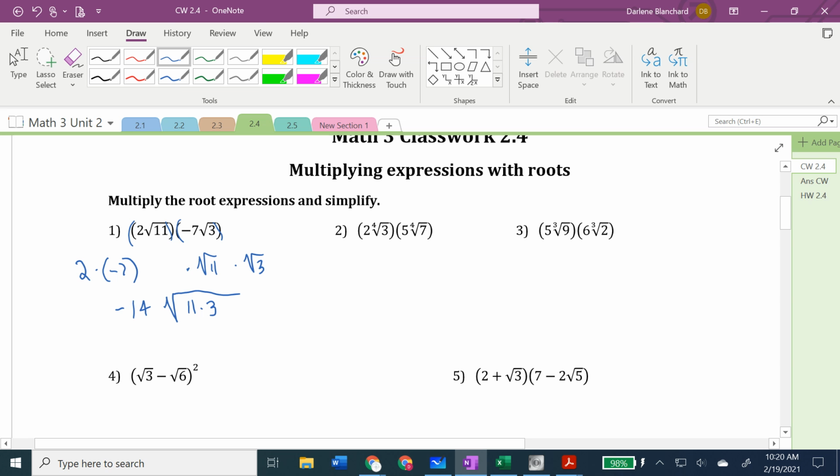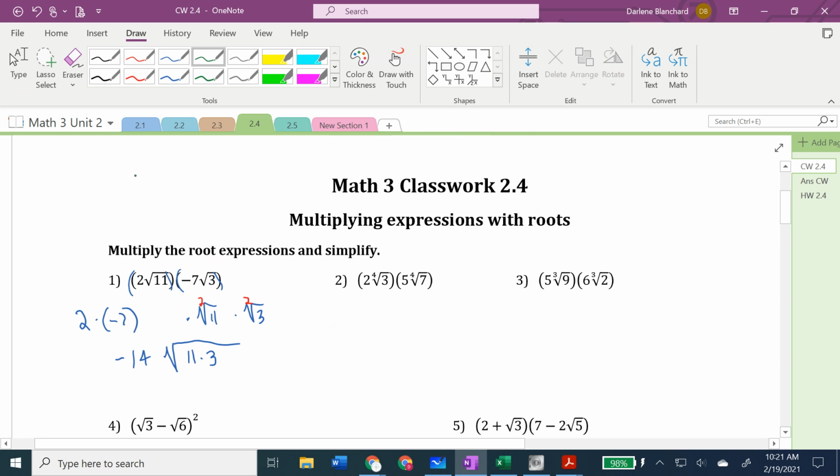If you have multiplication between 2 roots, provided it's the same index, and in this case, it's an understood 2 index. As long as those are the same index, and I'm not going to give you anything different than that, then you can use the exponent rule of the multiplication comes under the square root together. And I want to make sure to emphasize you cannot do the combination if they're adding.